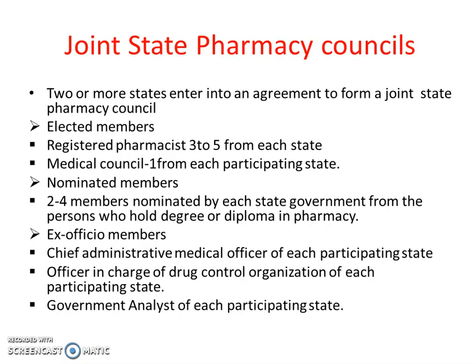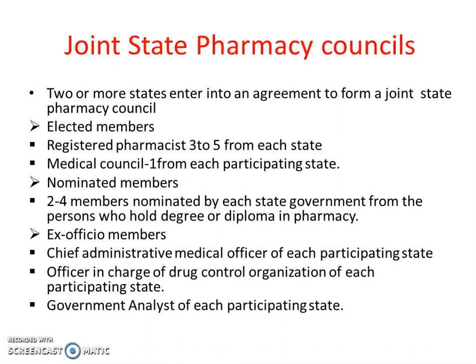Next is the constitution of the Joint State Pharmacy Council. As provided in the agreement, not less than 3 and not more than 5 members are elected amongst the registered pharmacists.